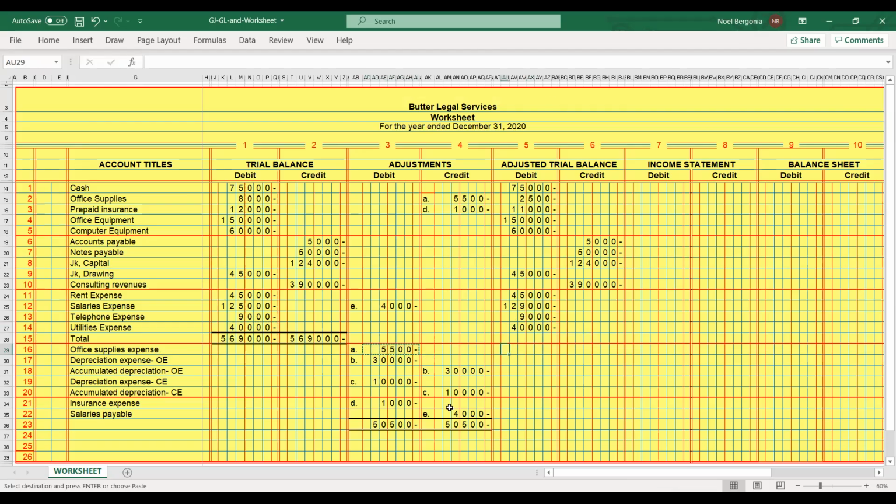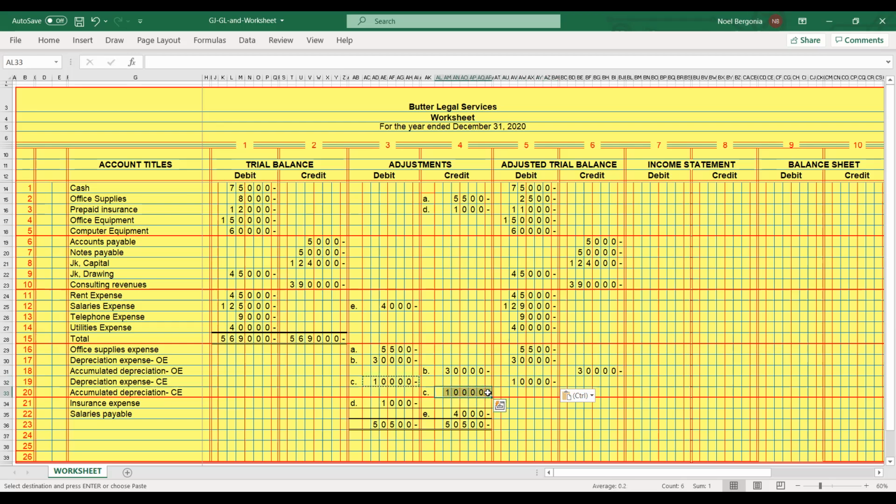So ayan, 5,000. And then your depreciation expense, debit 30,000. Yung accumulated depreciation OE or office equipment, credit naman. So kopya lang sa credit side. Then we have also the depreciation expense, CE computer equipment, debit.